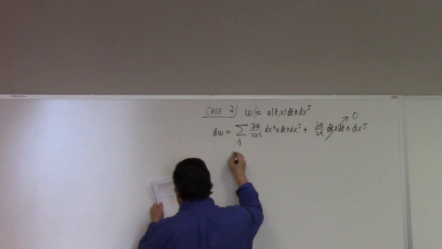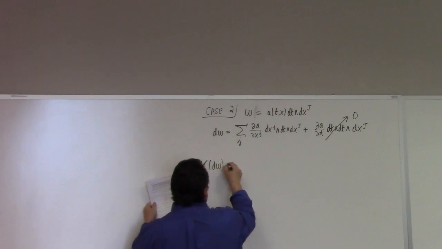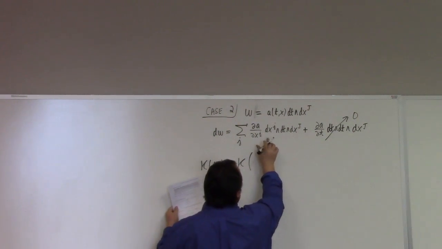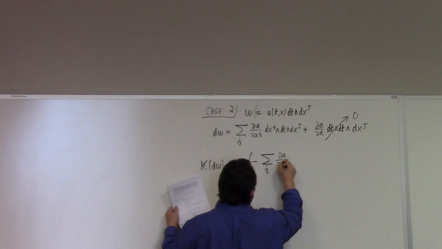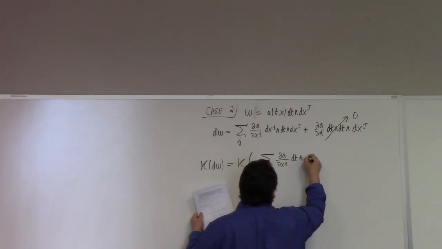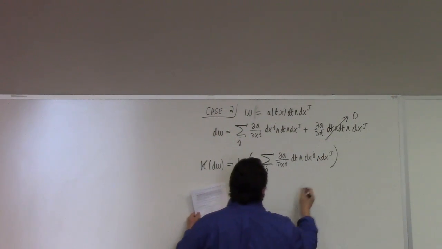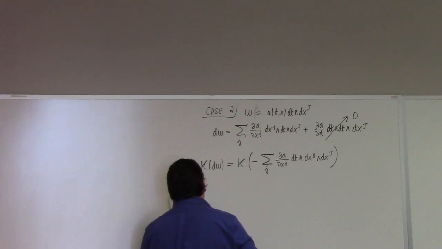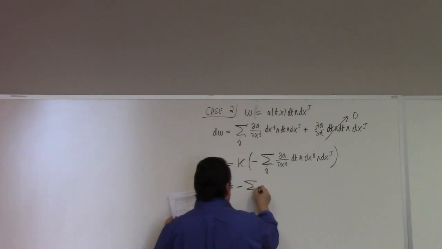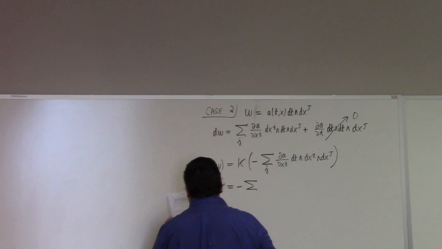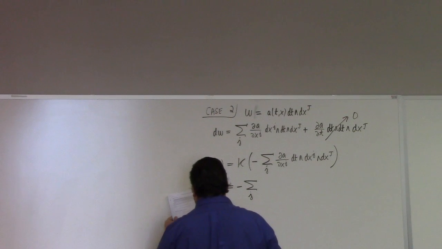And let's see here. So d omega, so k of d omega is what? We can flip those. So we've got minus the sum over j of partial a partial xj dt wedge dxj wedge dx big J. And of course that gives us minus the sum over, oh, I seem to have done a sum over k rather than j, but whatever, I'm going to stick with the sum over j because it's more confusing that way.